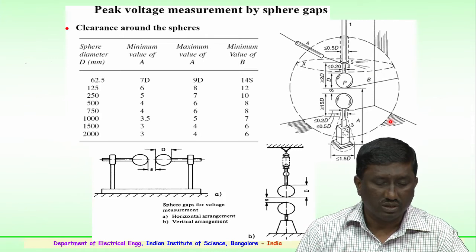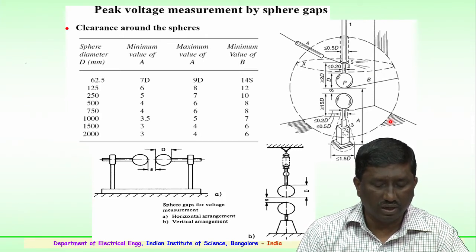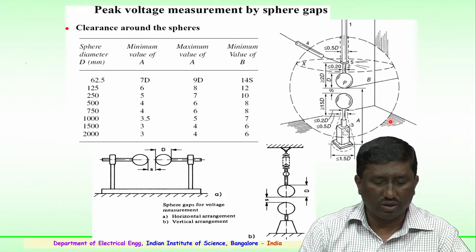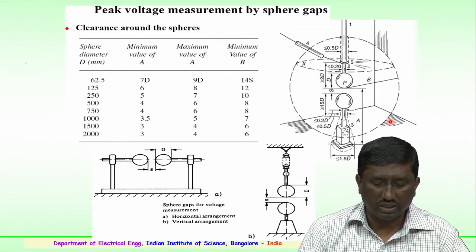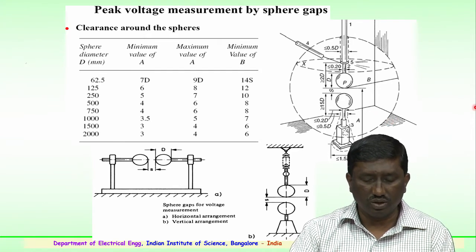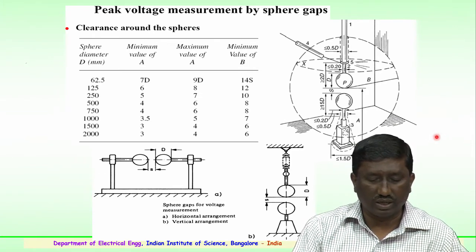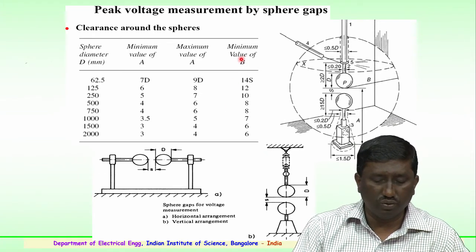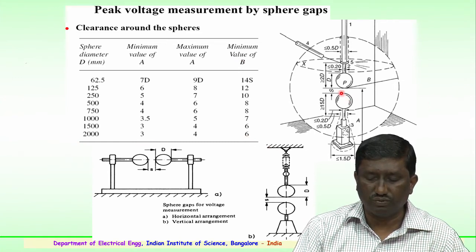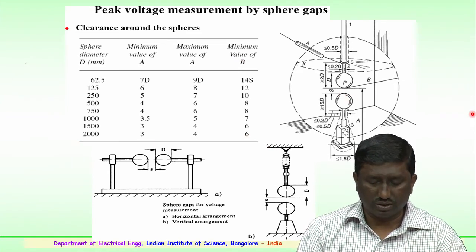So, this is the clearance required and maintained for accurate measurements as per the standards, else there could be erroneous results if a deviation is made in the clearances. And the minimum value of B fixed for 2 meter is 6 into the gap distance which is used for the measurement.